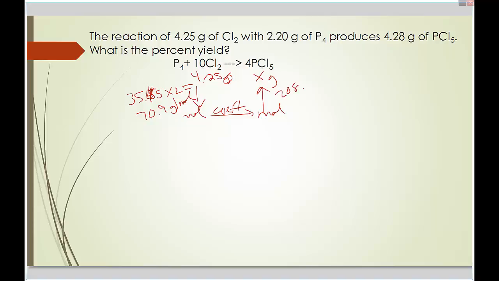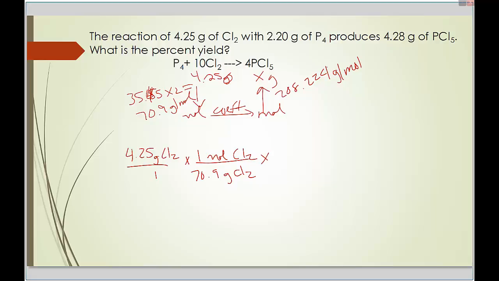Now we're going to set up the stoichiometry. So we have 4.25 grams Cl2 over 1. We have grams of Cl2 on the top, so I'm going to put grams of Cl2 on the bottom of the next one. 70.9 is the molar mass off the periodic table. 1 mole Cl2 is on the top, because 70.9 grams is equal to 1 mole. We have moles of Cl2 on the top. That means I need to put the moles of Cl2 on the bottom of the next one.